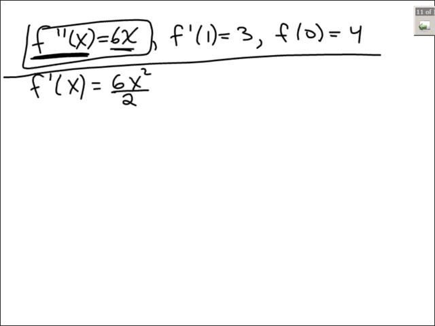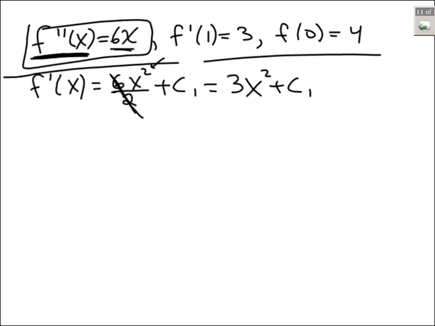I made the new power 1 more, and I divided by that same number. But 2 does go into 6 3 times. But every time you do an antiderivative, you get a constant. We'll call that constant C1. So I get 3x squared plus C1.